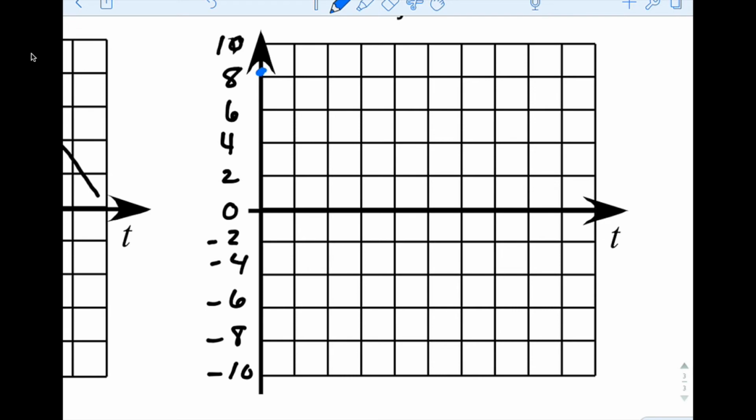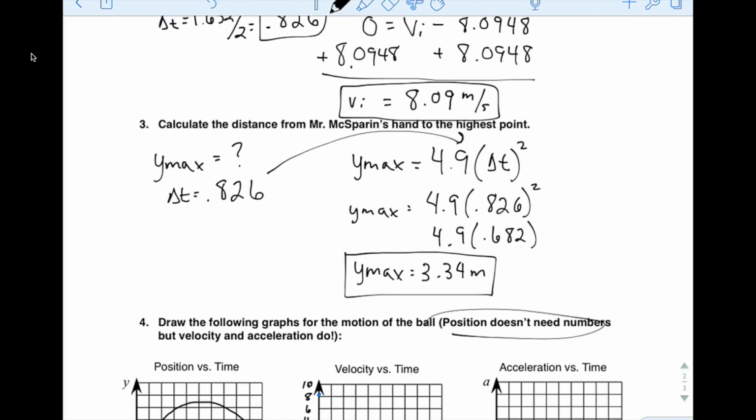I want to split this into about 2 seconds, so let's make each of these 0.2, 0.4, 0.6, 0.8, 1, 1.2, 1.4, 1.6, 1.8, and 2.